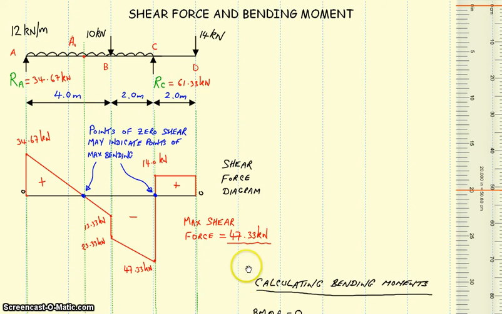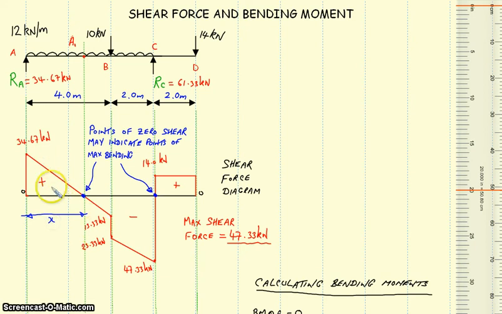The scenario then really is that we don't have a distance so that we can calculate moments here. And the distance that we're after is this distance here. And I'm going to call that x.